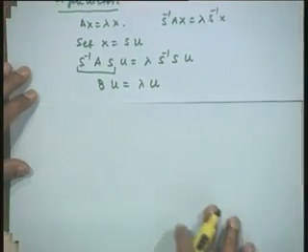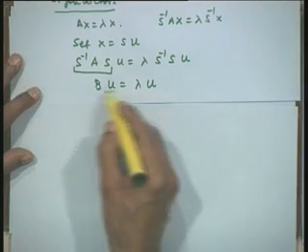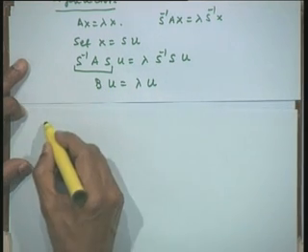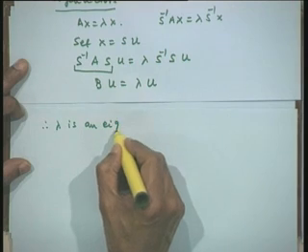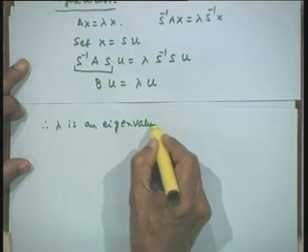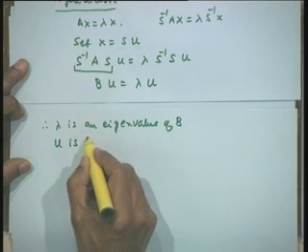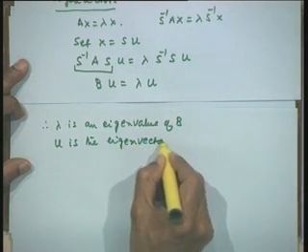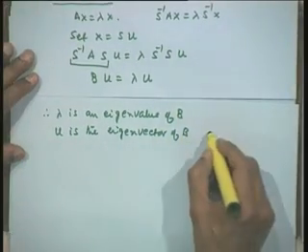That means, the eigenvalues of A and B are same, that we know, therefore, lambda is the eigenvalue of B. Now, u is the eigenvector of B. Therefore, we have lambda is an eigenvalue of B and u is the eigenvector of B. But what is u?